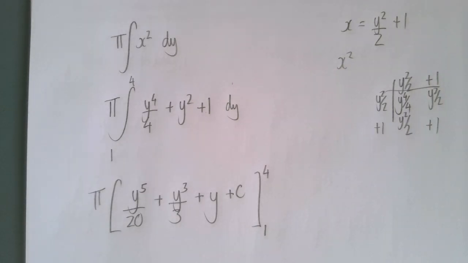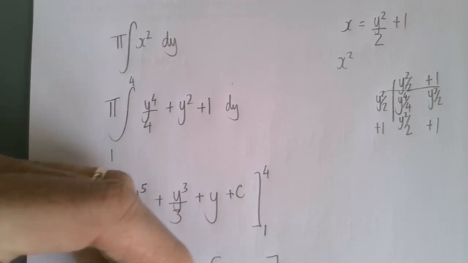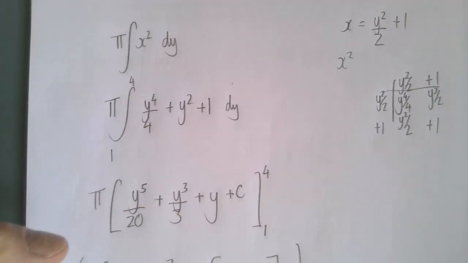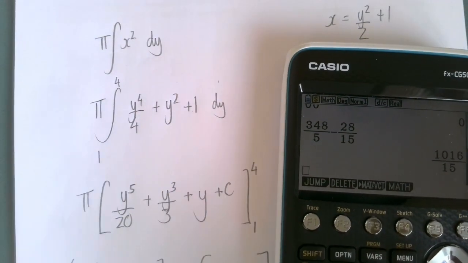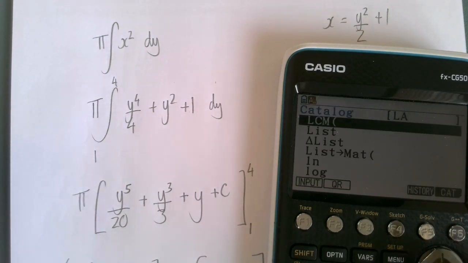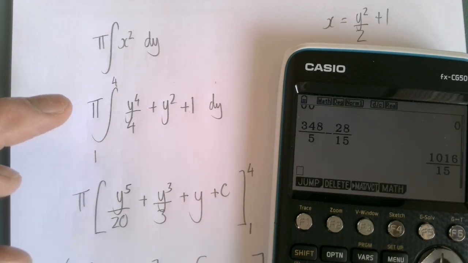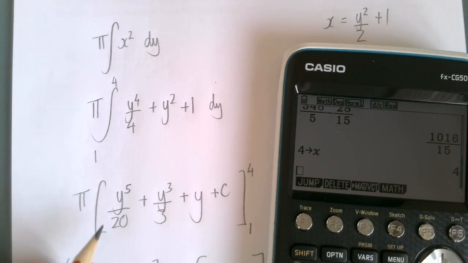So I am straight away going to go to my calculator. Well, no, I'm going to set it out first. So I need to work out what I get when y is 4. I need to work out what I get when y is 1. So here we go. 4 arrow x, and then I'm going to type this in with x instead of y, obviously.